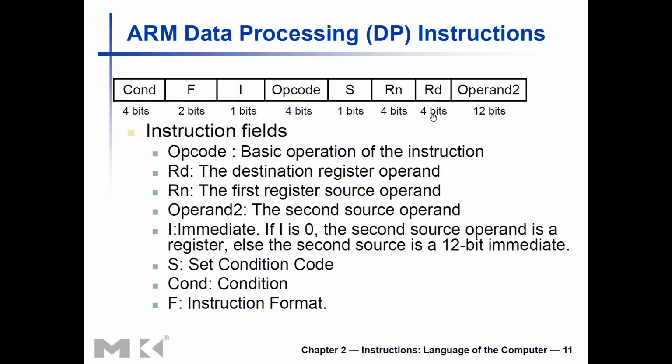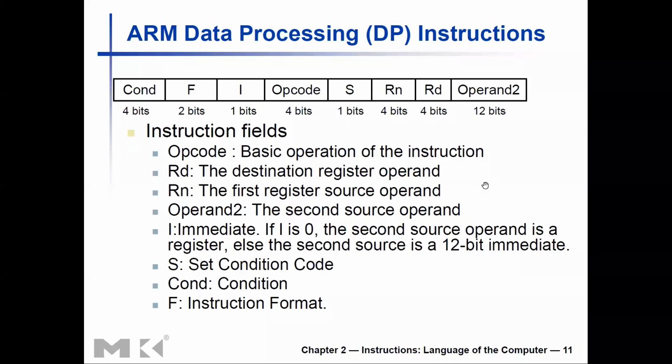Now here you can see for Rd and Rn, you have only 4 bits. We have allocated 4 bits for these two sections in the instruction. That is because we only have 16 registers.